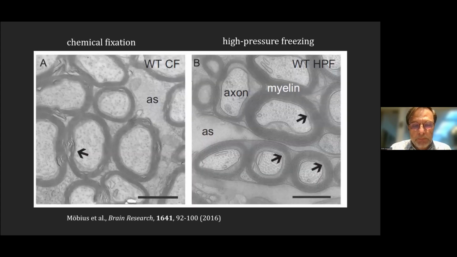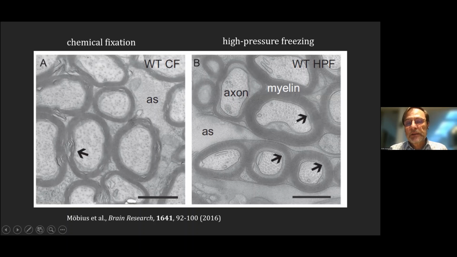There was a paper published in 2016 that compared two ways of fixating white matter tissue. One was the typical chemical fixation, which is used pretty much regularly. The other one was high pressure freezing, which doesn't use any chemical fixation.